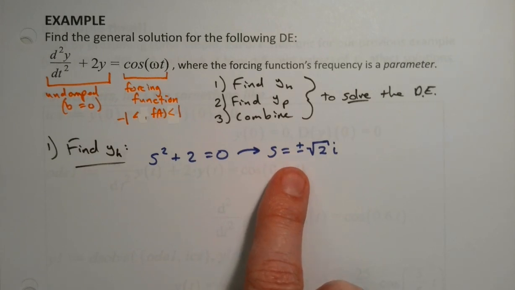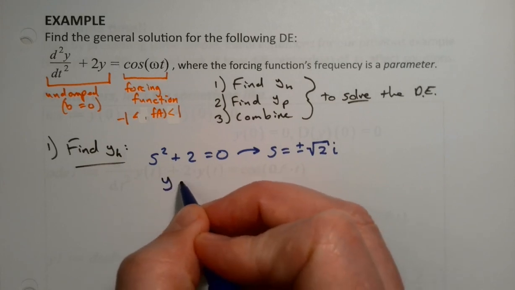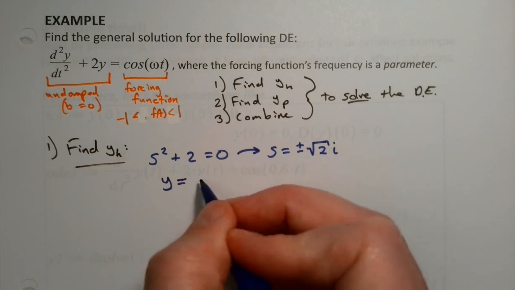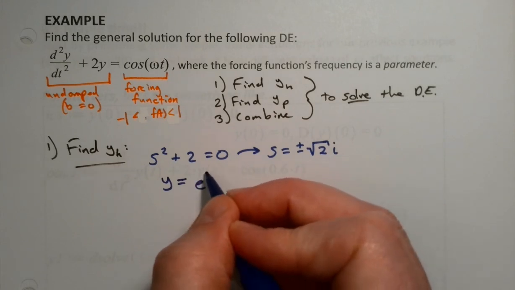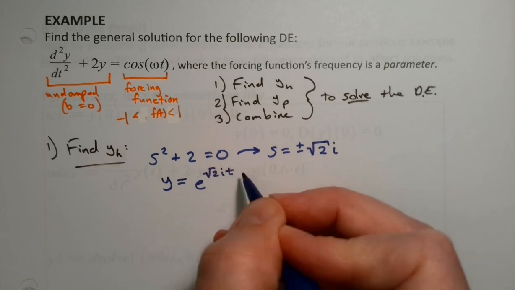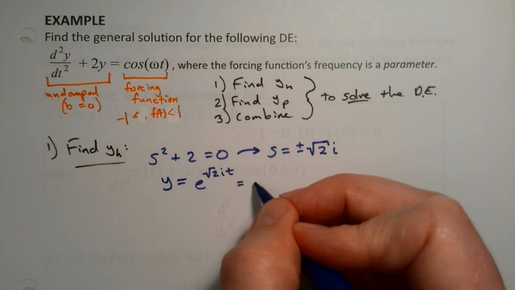So what does that mean for coming up with our homogeneous solution? Well, we know that a solution for this would just be one of these guys here. So I'll just choose the positive value, e to the root 2i t, which we can expand using our buddy Euler's formula.